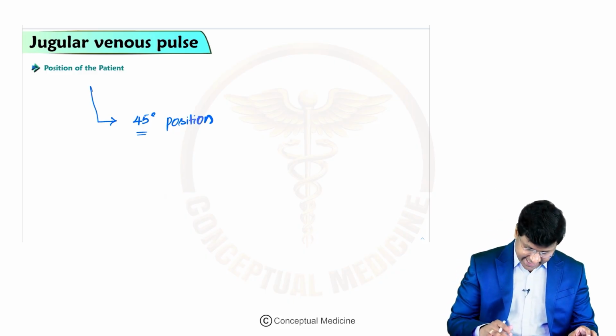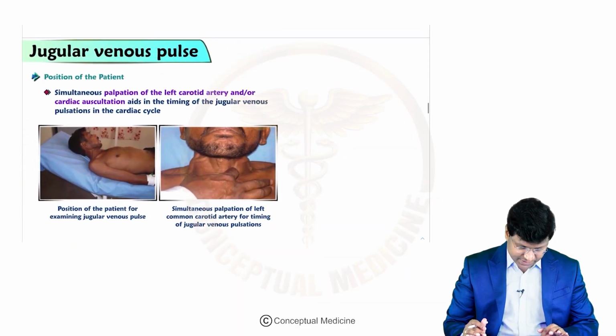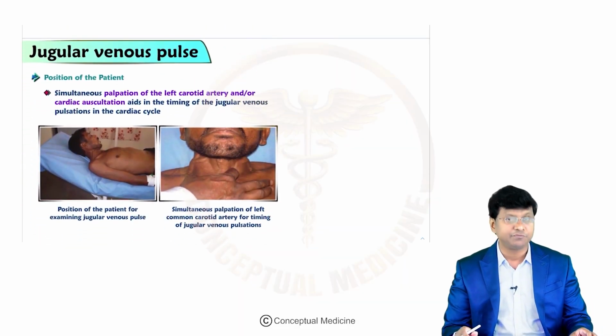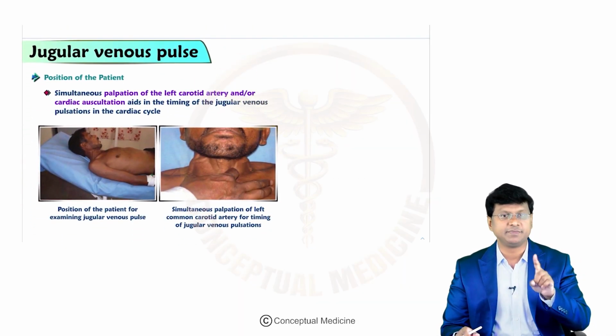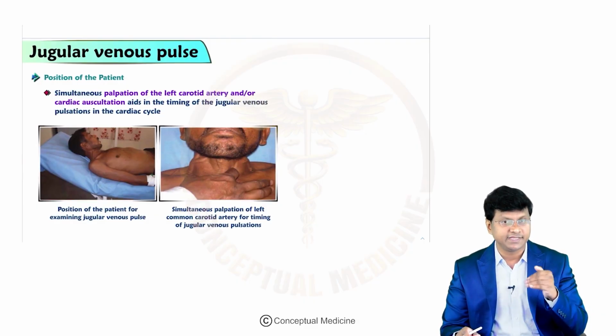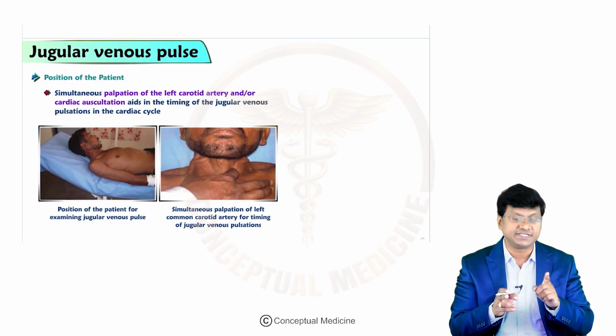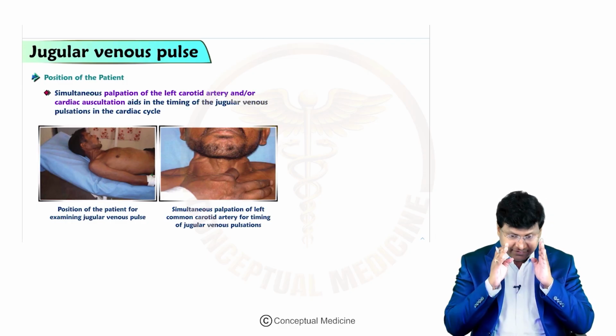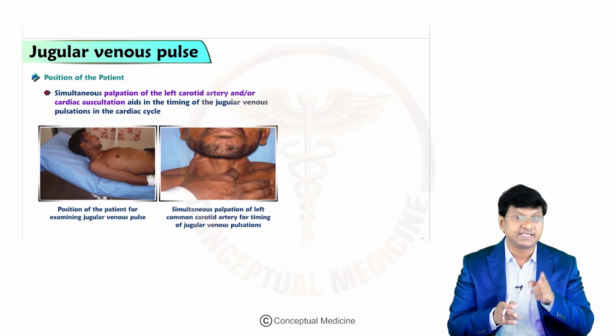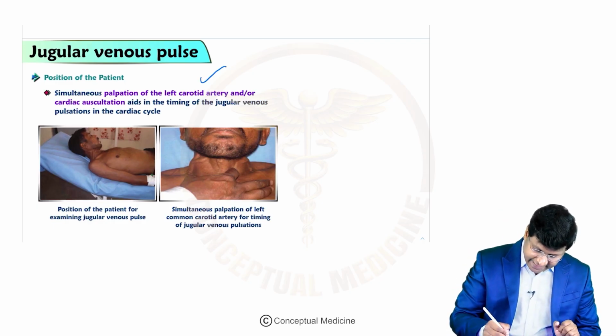So this will be your 45 degrees position. But please remember, how can you correlate the waveforms whenever you are seeing the JVP? Simultaneously you need to palpate the left carotid artery.